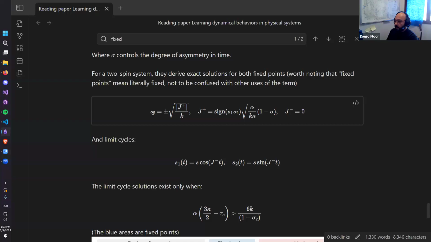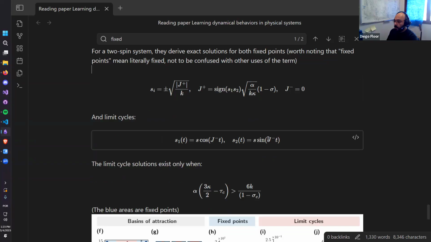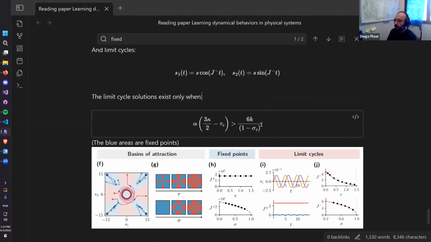These are the fixed solutions, so no movement, no dependence on time. And we have this dynamic solution for the spins, cosine and sine. But the interesting thing is that they actually write a condition that separates these two solutions.